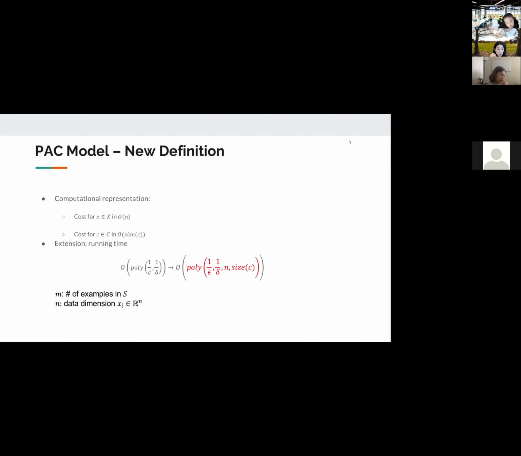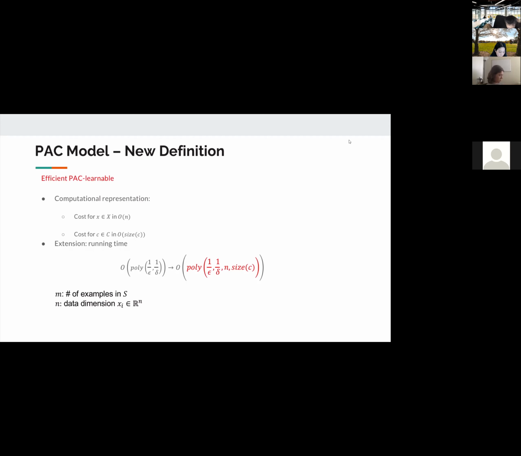The big O is referring to the running time, which is the sample complexity, but it's not like the sample complexity should be written as big O. I'm just using big O notation to represent the sample complexity. Okay.